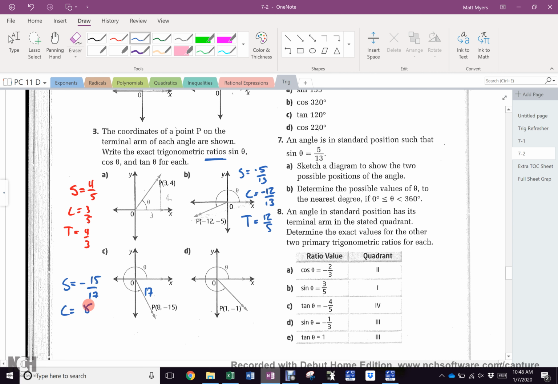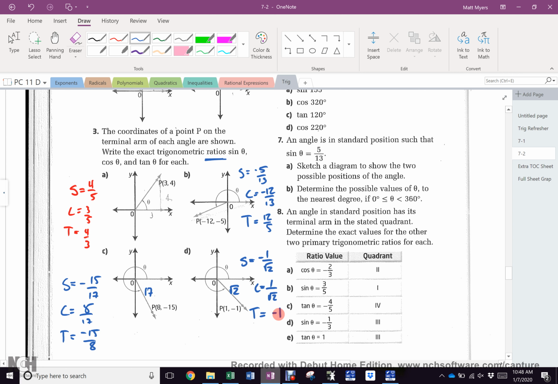Cos is 8/17, and tan is negative 15/8. And this one, R is root 2, so we don't use decimals. So sine is negative 1 over root 2. Cos is 1 over root 2. And tan is negative 1.